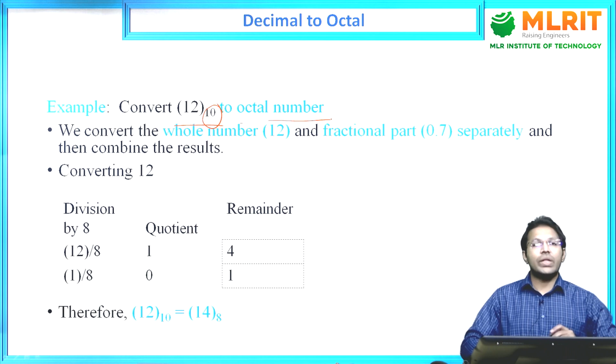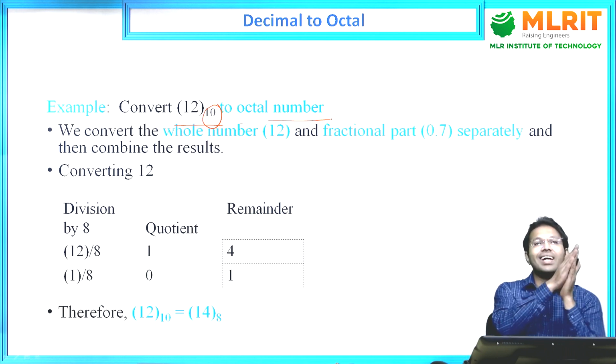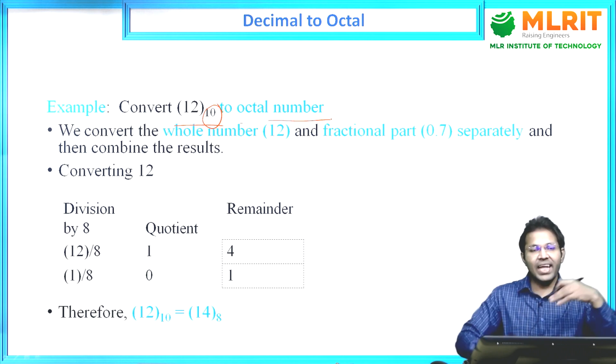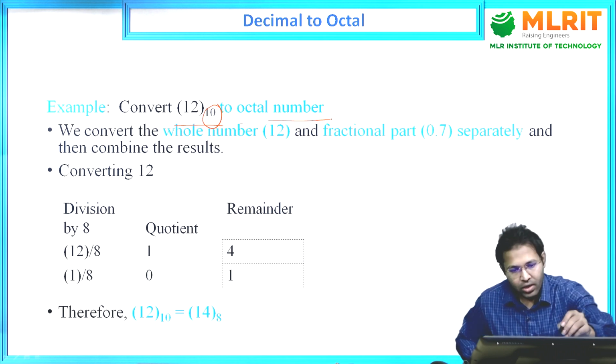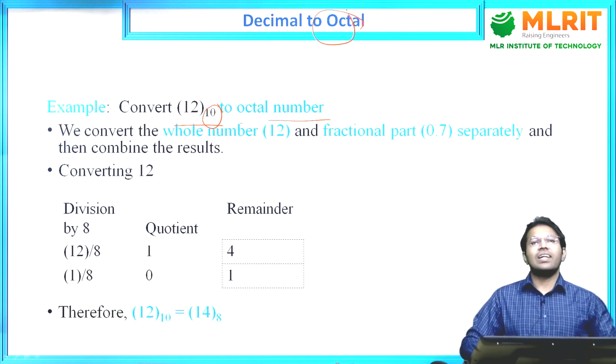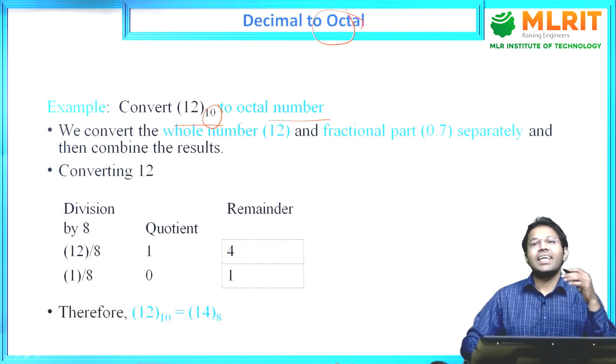So how do we do that? In the previous video I taught you how to convert decimal to binary. There we continuously divided by 2 because bi in binary stands for 2. Oct stands for 8, so we need to continuously divide by 8, and consider the remainders.